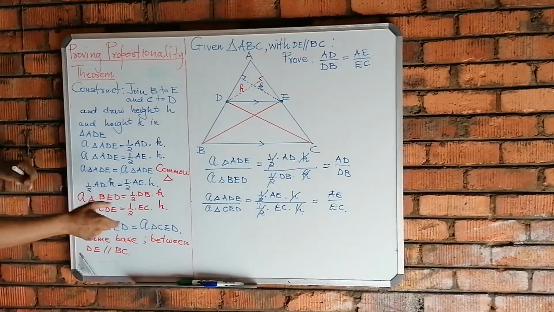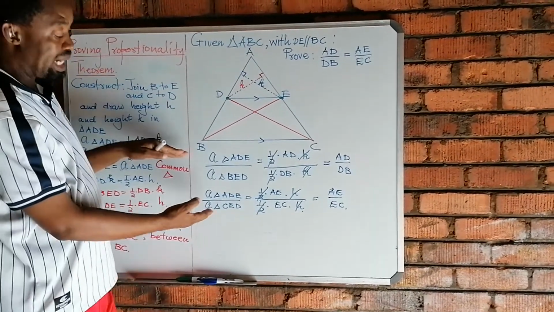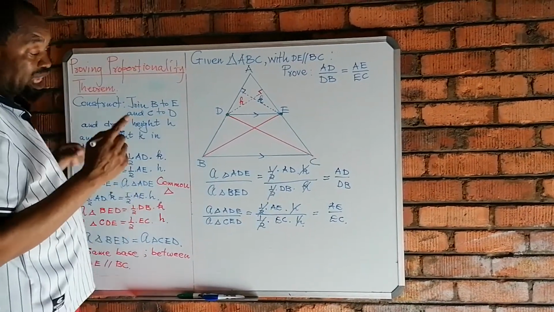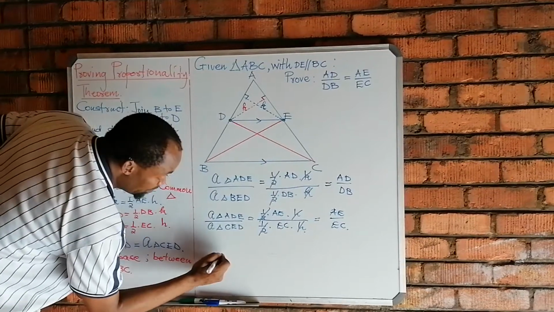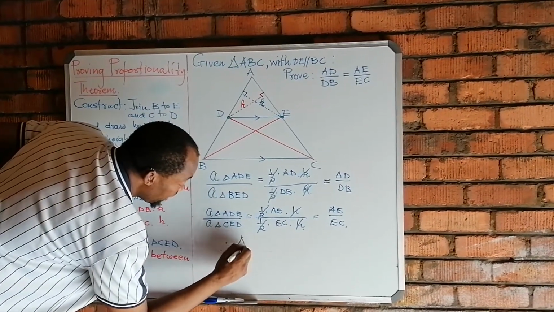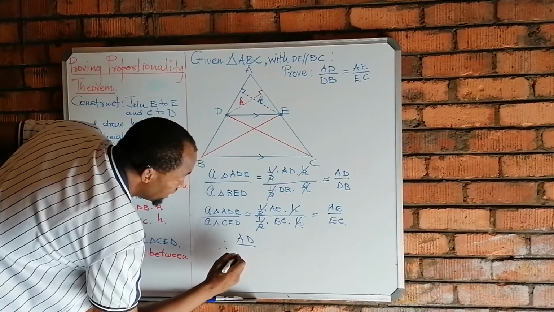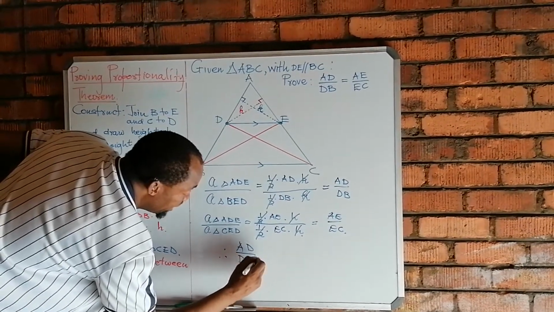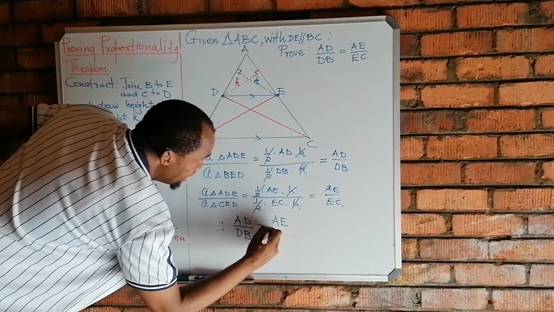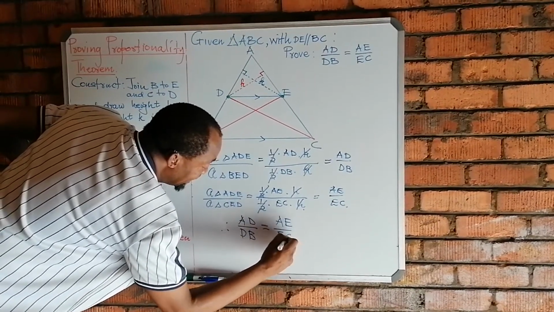That means the answers that I would get would be exactly the same. Therefore, AD divided by DB is exactly the same as AE divided by EC.